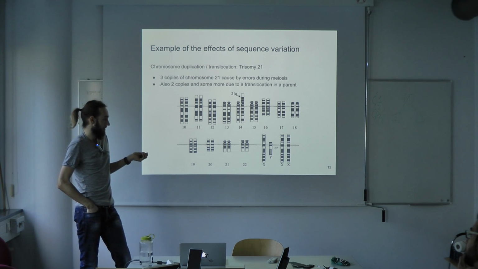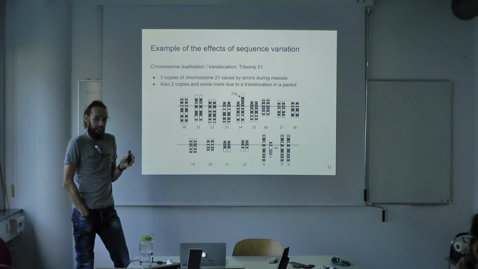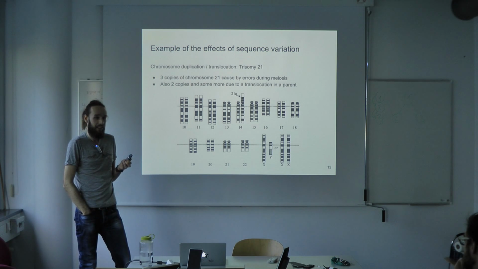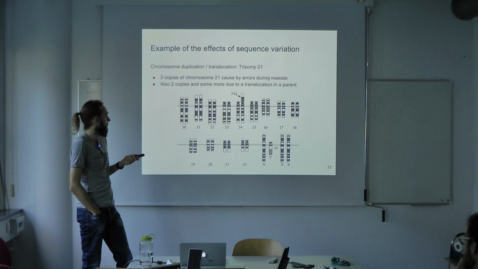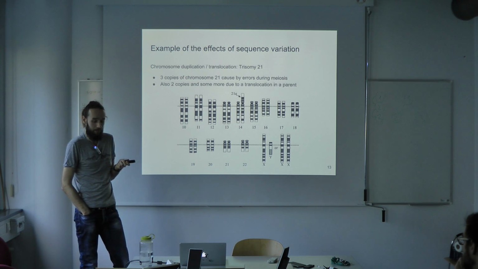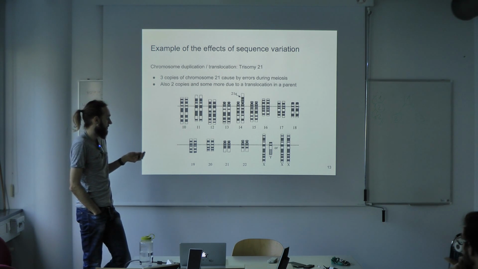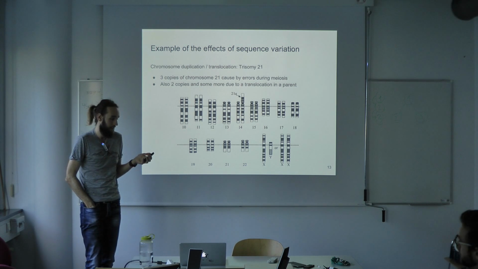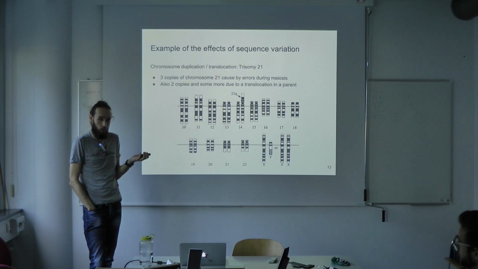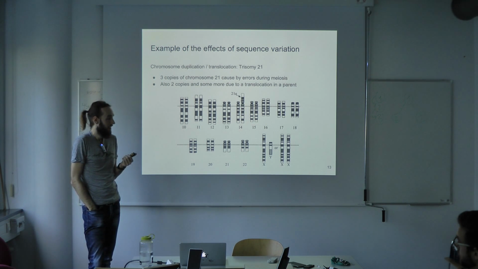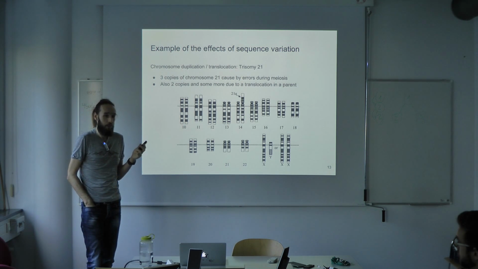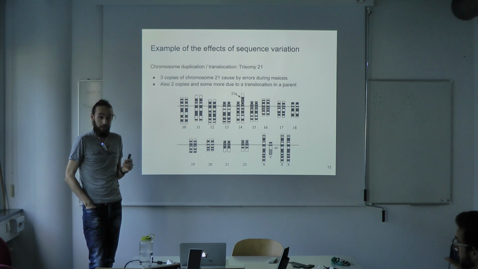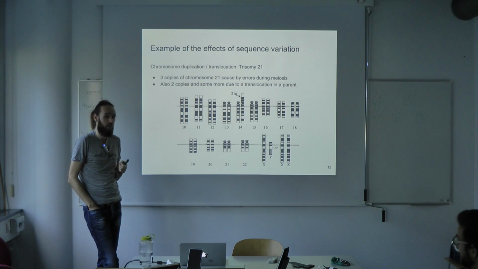You can have trisomies on any chromosome technically. This is just an error during cell division, and most trisomies, the individuals don't even get born because it has such a large effect. 21 is the one thing which is kind of tolerable apparently in terms of regulation.